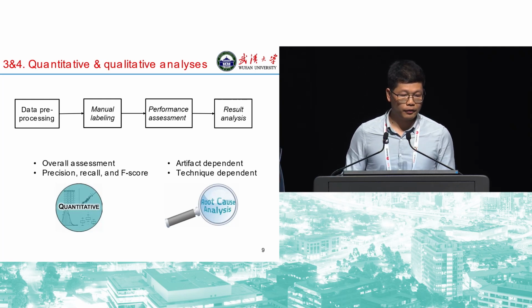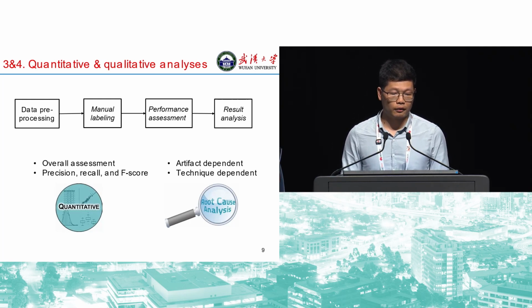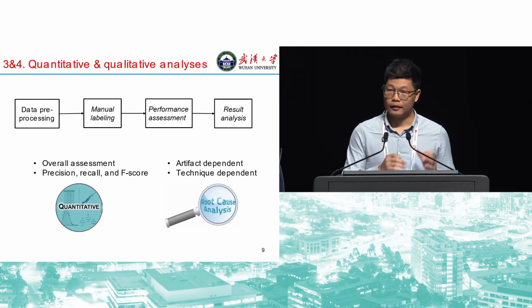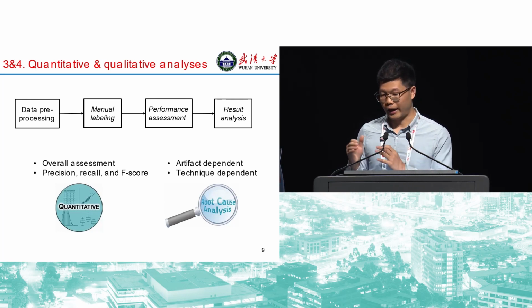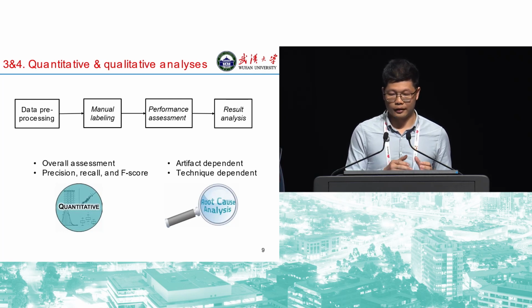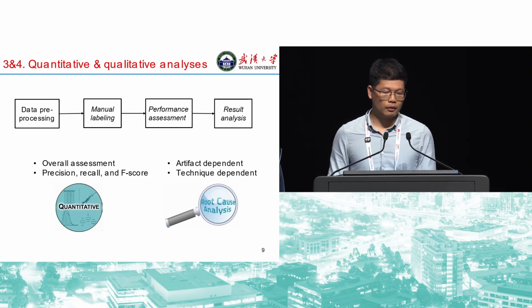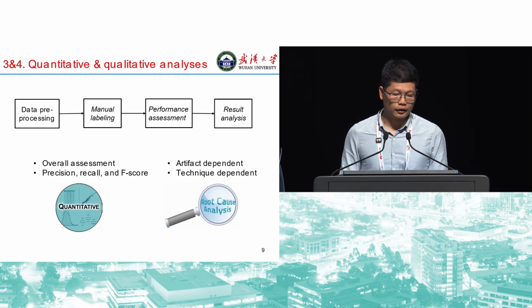And in the next phase, we will conduct the quantitative and qualitative analysis. We follow 4 steps to conduct our analysis. For the quantitative analysis, we first merge all the clones from the same technique at different artifacts, or from the same artifact with different techniques. And then, in our performance assessment, we choose 3 metrics: precision, recall, and F-score to evaluate the performance.